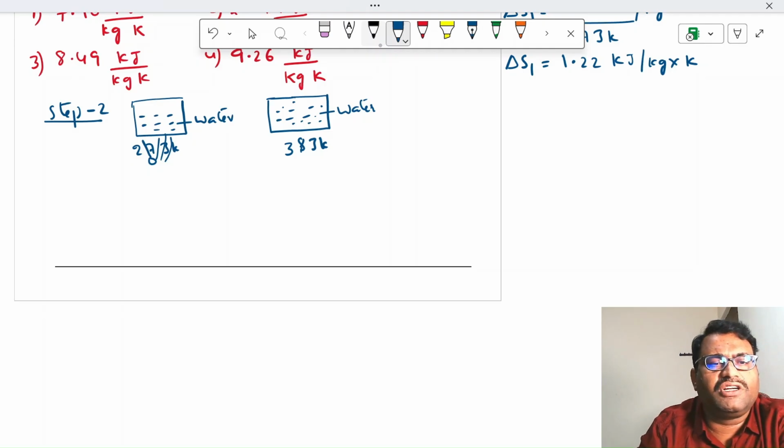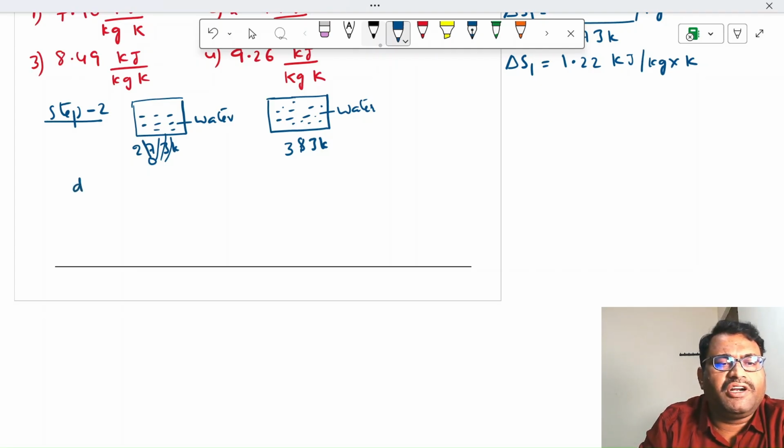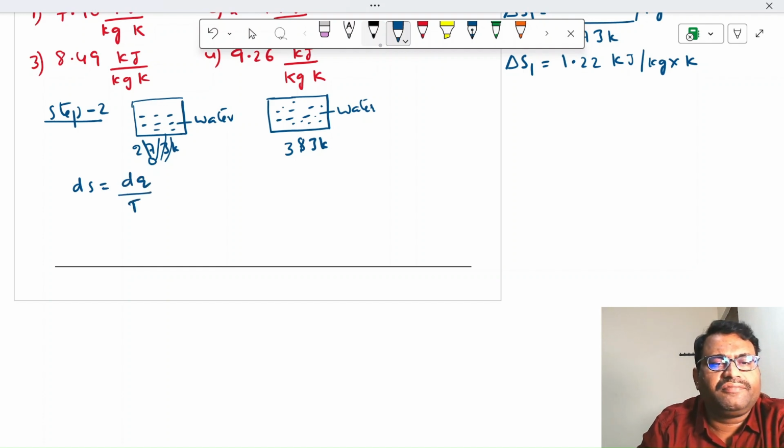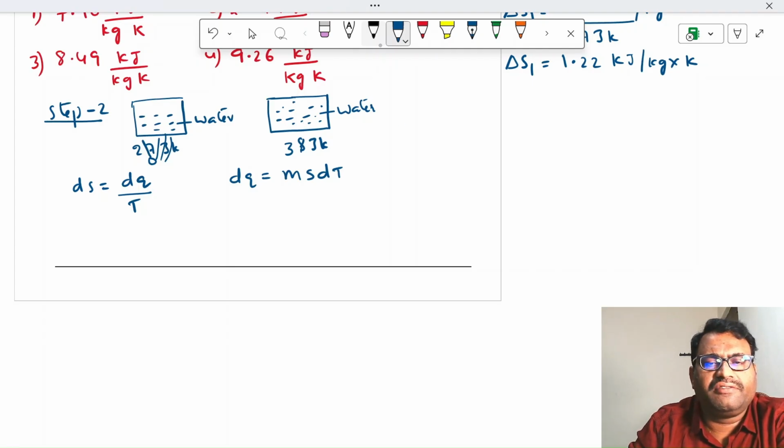Now here we can use the third law of thermodynamics, or let us see. We know from the second law of thermodynamics, dS is equal to dq by T, and here dq is equal to m s dT. s is nothing but specific heat.